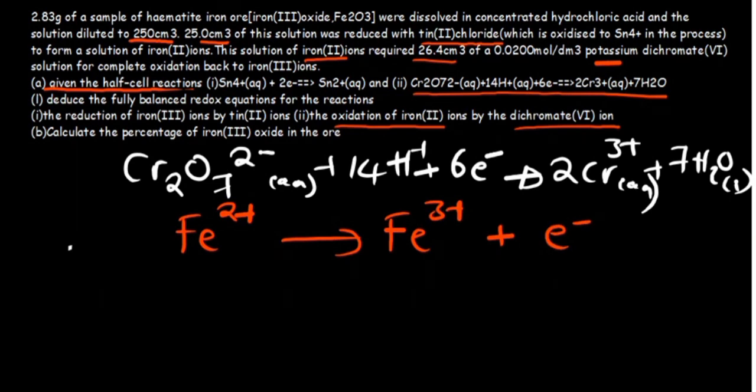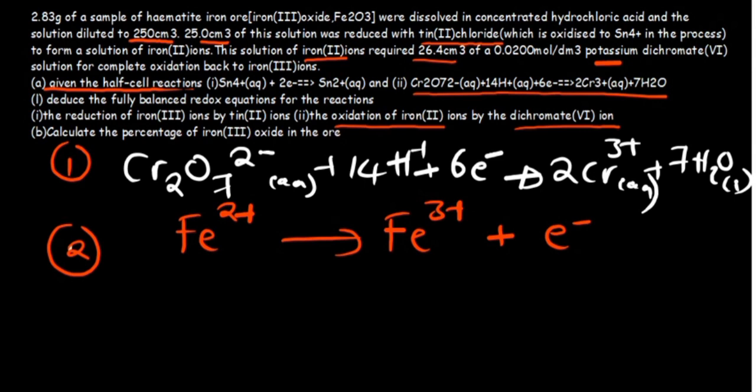So now we need to balance. We need to make sure that we have a balanced number of electrons in the two given half reactions, and the electrons should be on opposite sides. If you check the first half reaction there, they are on the left hand side, then in the second one, they are on the right hand side. It doesn't mean that if the given one has them on the left, the second one should have them on the right.